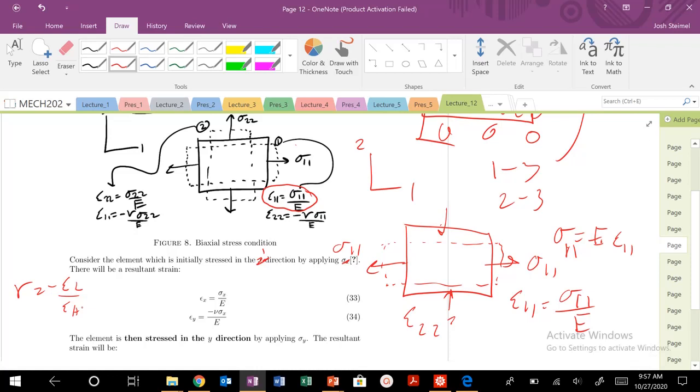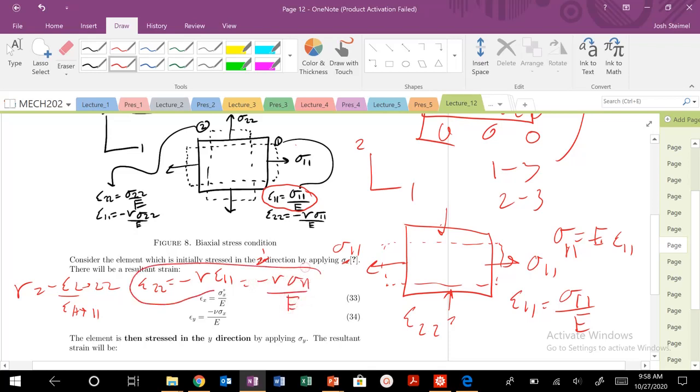If we rearrange this expression, we are trying to solve for epsilon 2-2, our lateral contraction, where 2-2 is the lateral and 1-1 is the axial. So to figure out that lateral contraction, I have to multiply by the Poisson's ratio. Rewriting this expression, epsilon 2-2 is equal to minus nu epsilon 1-1, and we know epsilon 1-1 is just this, so that is equal to minus nu sigma 1-1 over E in terms of stress as well. There are lots of ways you can rewrite and rearrange this.